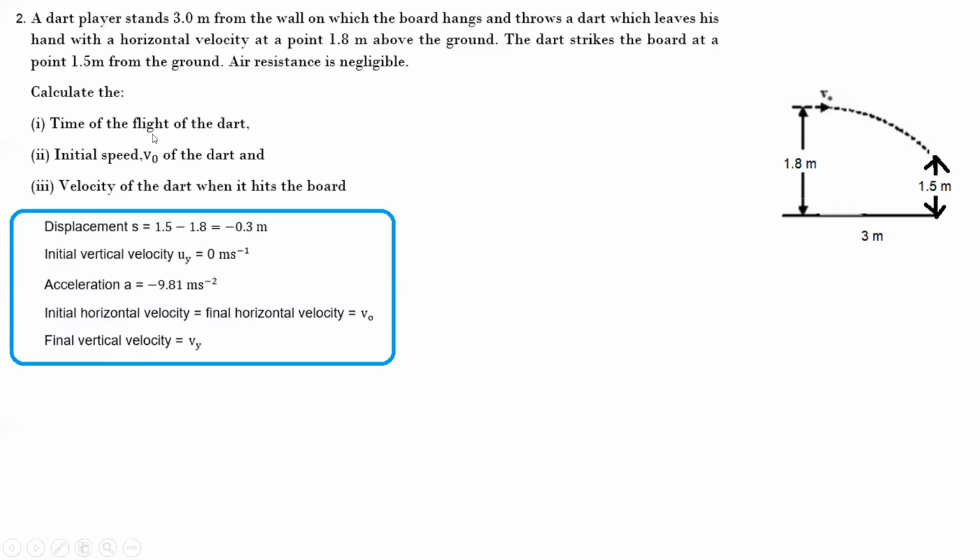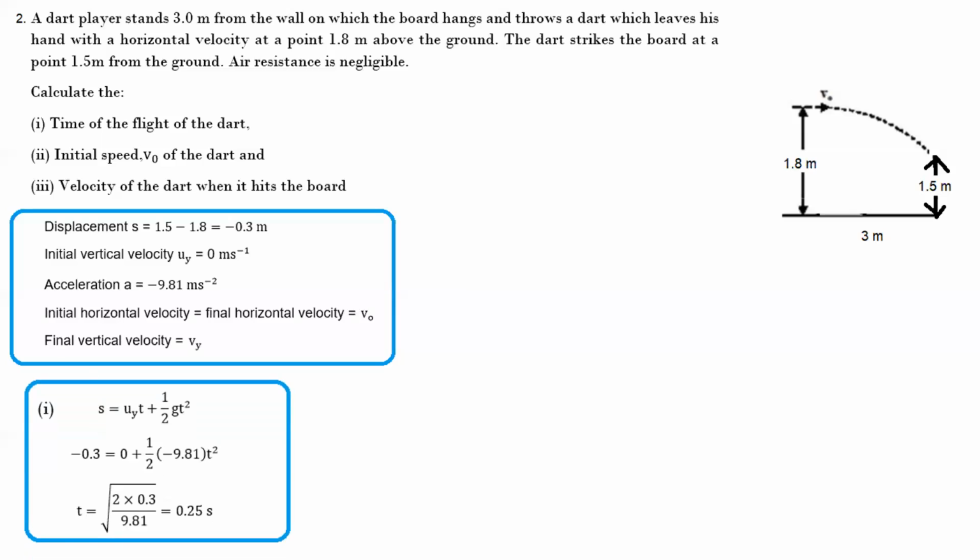To find the time of flight, meaning the time taken by the dart to finish its path, the complete time the dart took to finish its path, we are using displacement is equal to initial vertical velocity into time plus half g t square. Vertical displacement is minus 0.3.